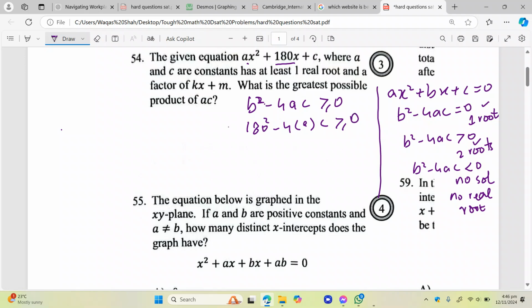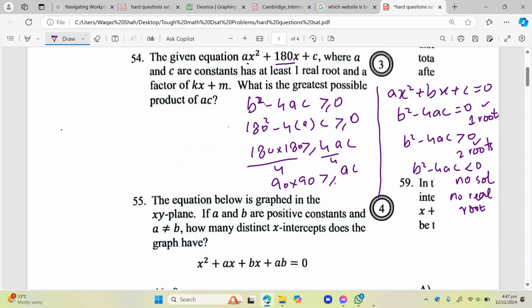So you can shift this 4ac to the other side, so it will be positive 4ac, and you can write 180 times 180, right? And if you divide both sides by 4, this could be 90 times 90, because one 2 will be divided with this one and the other with this one. Okay, and that is greater than or equal to AC.